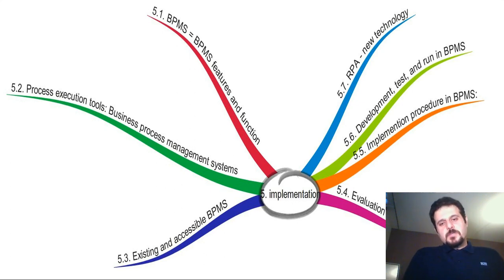When we talk about the implementation, you should pay attention to BPMS, ERP, RPA, and any other tools that can help to automate the processes. Processes should happen in a software, or sometimes automatically by RPA or other tools.